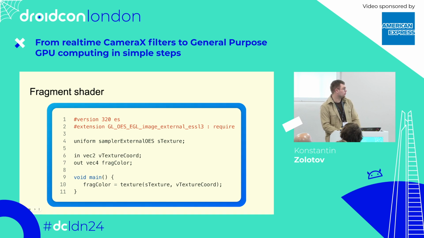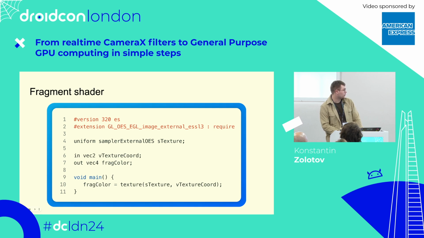Then we have inputs and outputs defined. Line 6 is the texture coordinate. Basically, it is the XY coordinates of the pixel in float format from 0 to 1. They are coming from the previous vertex shader.